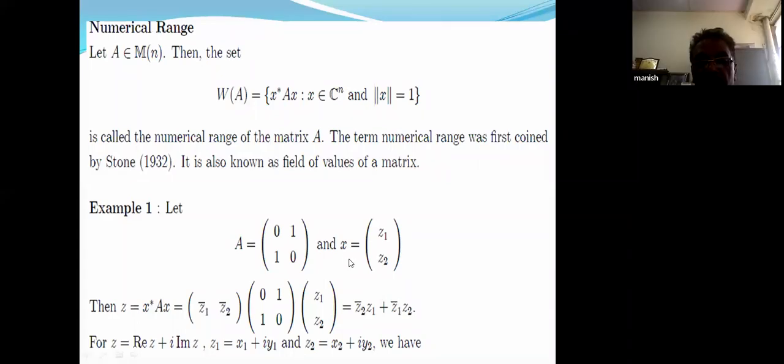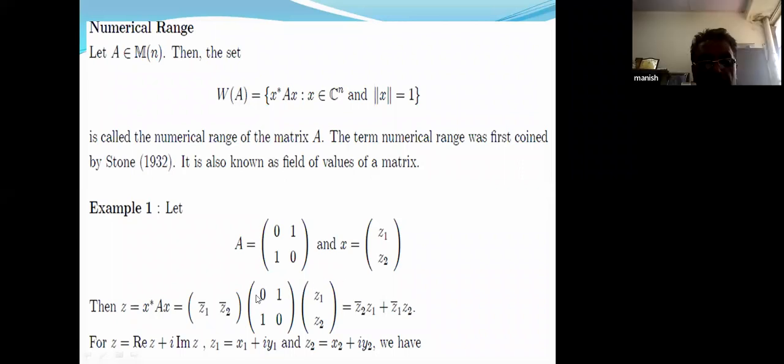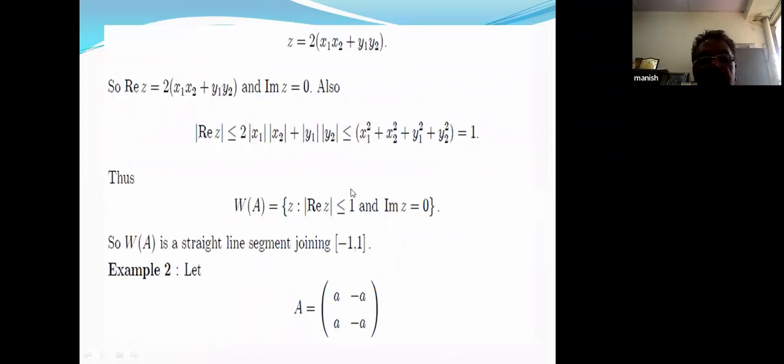This means mod z1 square plus mod z2 square is 1. Now take z equal to real part plus imaginary part, similarly z1 and z2. Then we see that z comes out to be this expression. So this means it is only real, so the real part of z is this term and the imaginary part of z is 0.